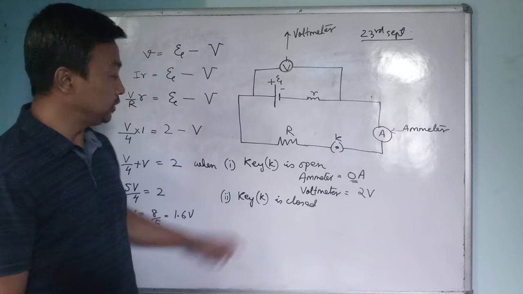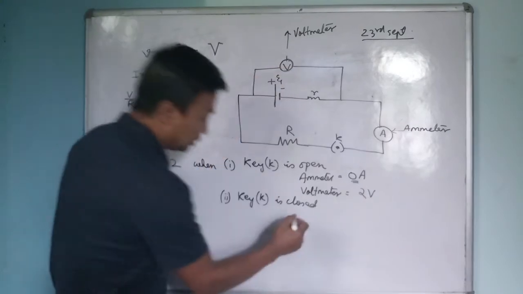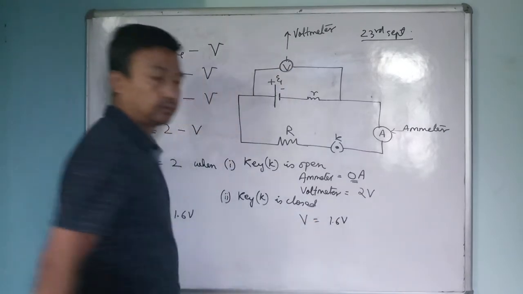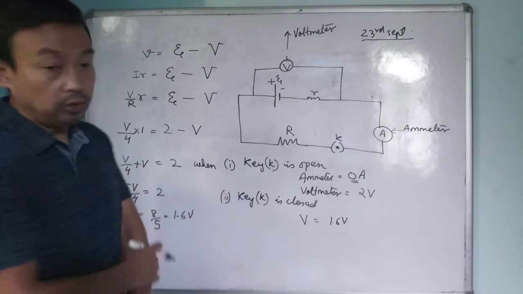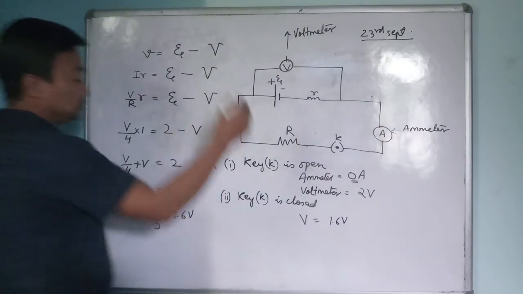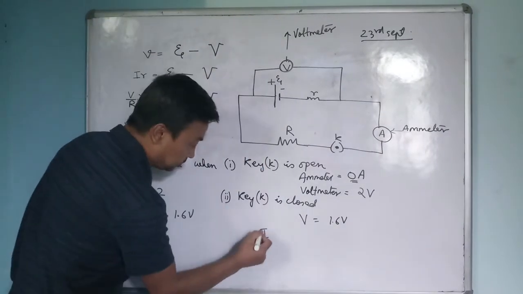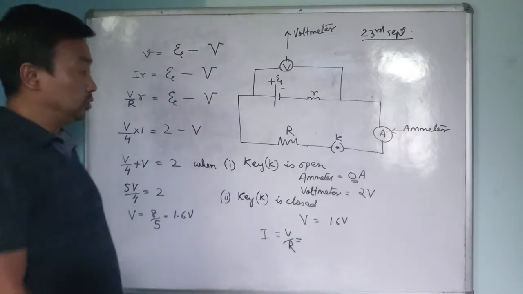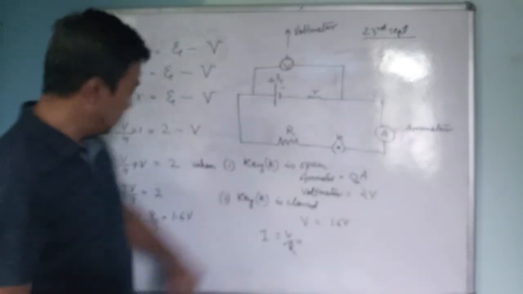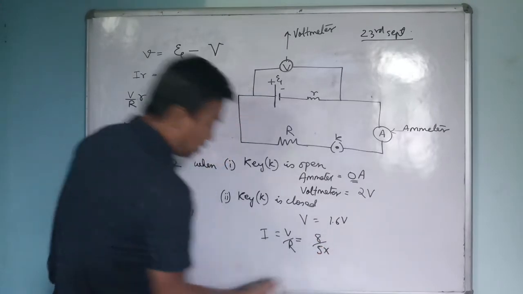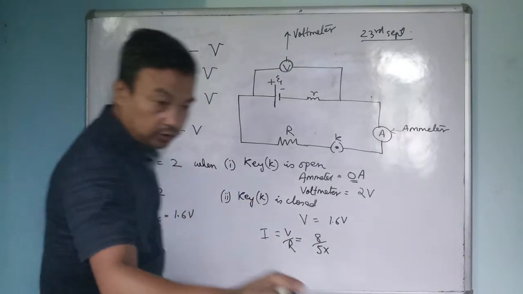So what will be the reading in the voltmeter? In the voltmeter, the reading will be 1.6 volt. Now, what will be the reading of the current? Current we can find easily now. You can use this formula. We will take only the external. V, we got just now, 8 by 5. The external resistance is how much? It is 4 ohm.